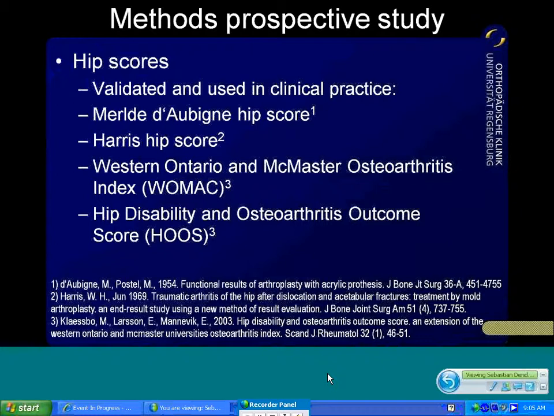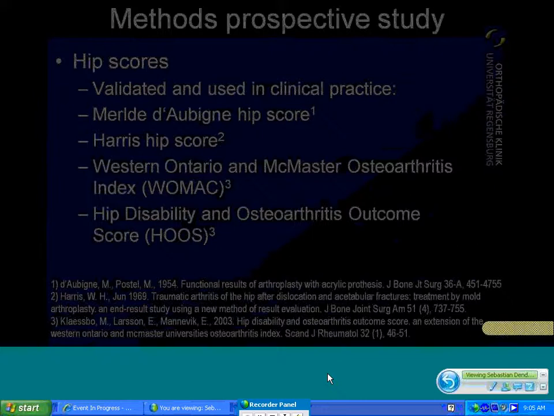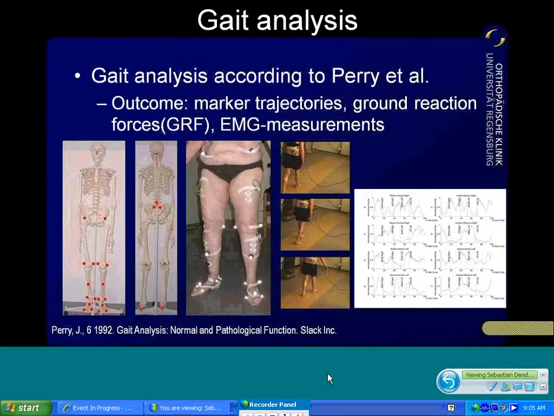Gait analysis was conducted in the gait laboratory of the University Clinic in Regensburg, according to Perry et al. if it comes to gait phases. Here you can see a skeleton from front and rear view and the marker set and how we applied the markers on each patient. You can see here the front view and you can see the rear view.